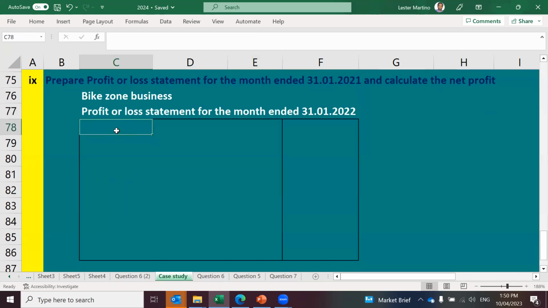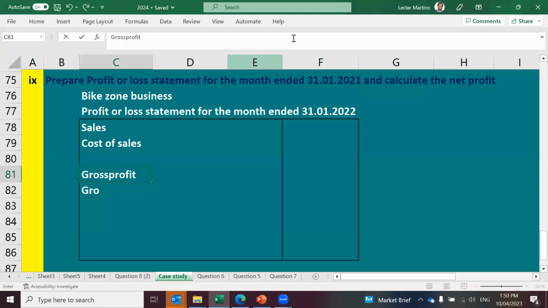So income statement you saw with sales and minus cost of sales. And then you have gross profit, and then you have expenses.